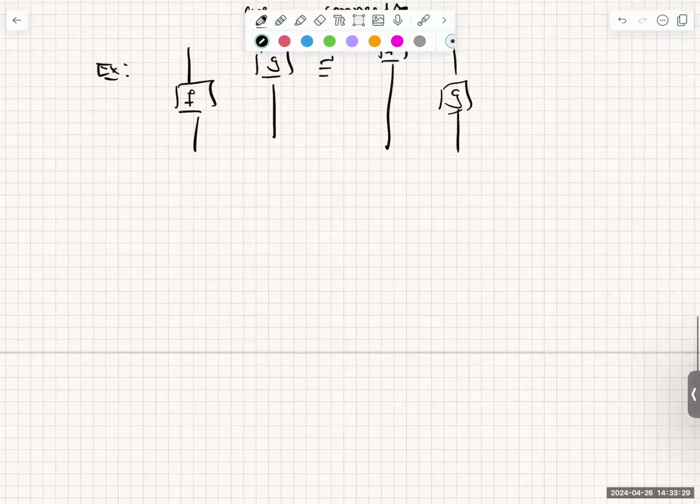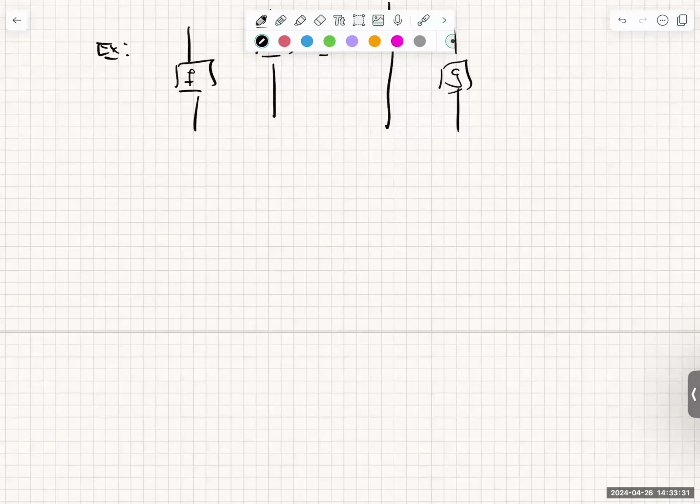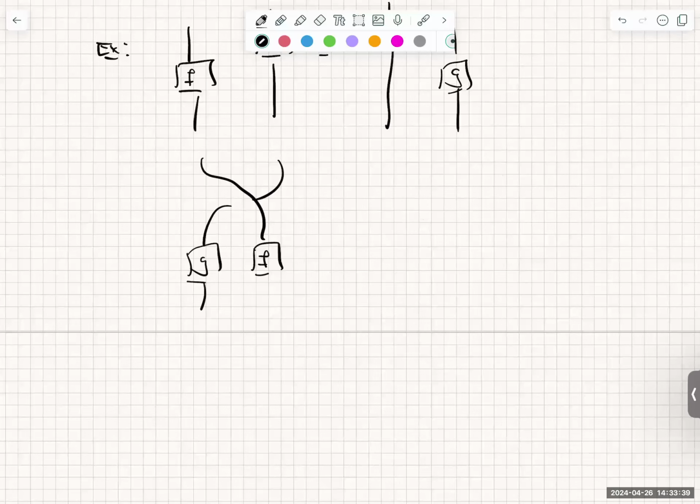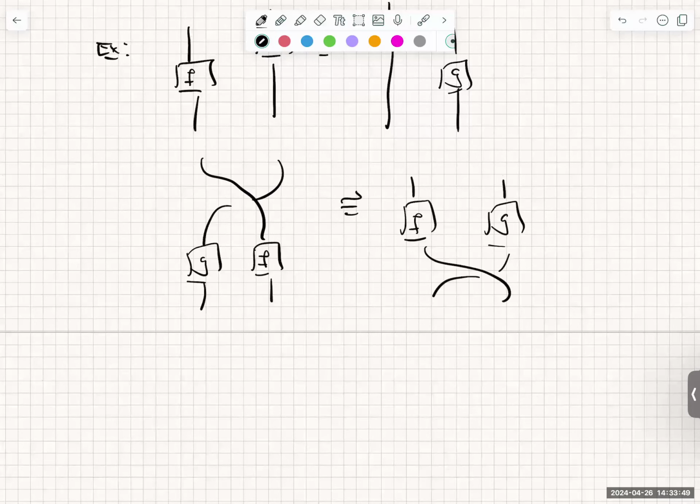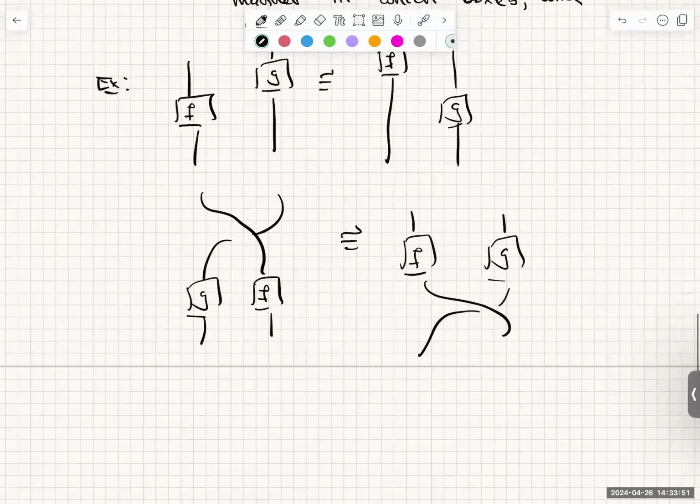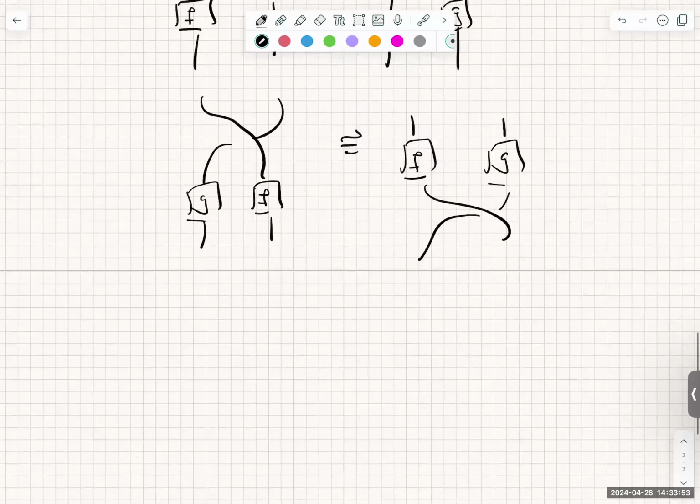So something like this, for example, is isomorphic to something perhaps like this. These would be examples of something like that.